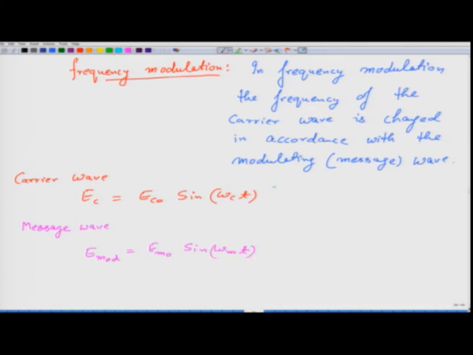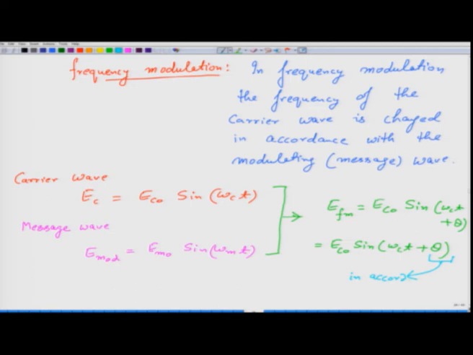The wave that is produced, the frequency modulated wave, will have its equation given by E_fm. Its amplitude will not change, but its phase will change. It will become sin(omega_c t + theta), where theta has been changed in accordance with the message wave.